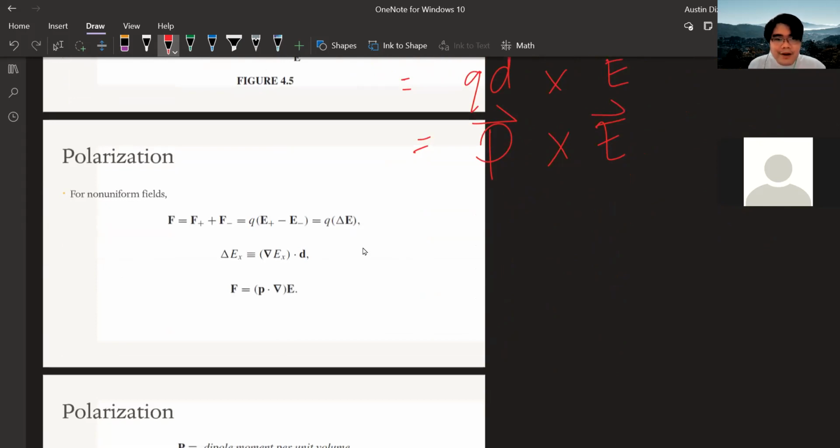So sa first chapter, meron tayong infinitesimal variable E, and that is defined as dE, which is equal to something like this dotted with some length. Okay? Okay, so from chapter 1, may ganito ka. So we can transform this into something like, hindi na siya infinitesimal, no?